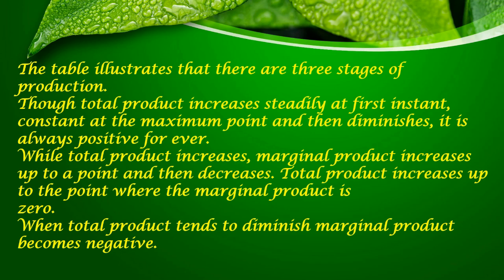While total product increases, marginal product also increases up to a point and then starts diminishing. Total product increases up to a point where the marginal product is zero. So when total product tends to diminish, marginal product becomes negative. It reaches zero and finally it becomes negative.